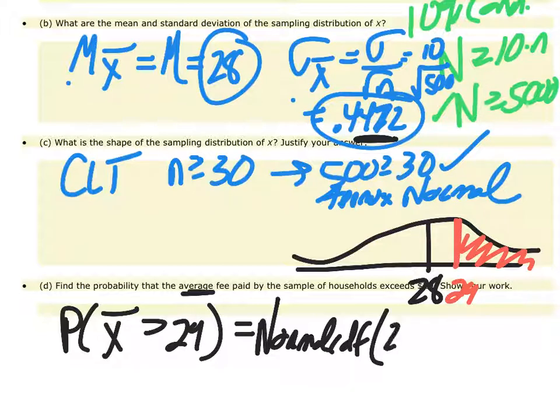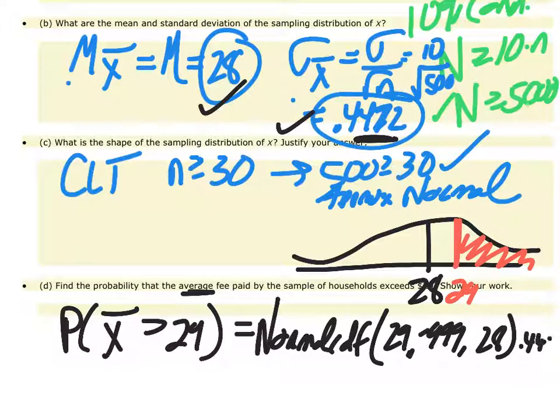I went from 29 up to 999. And I just used the new mean and standard deviation that I computed from above. And I would just type in 28, and I would do 0.4472, close that out. Ignore that parenthesis there. And if you compute this, what you're going to end up getting is that the probability is 0.0125.